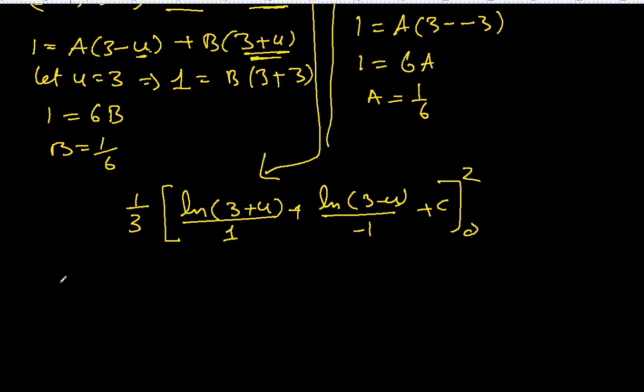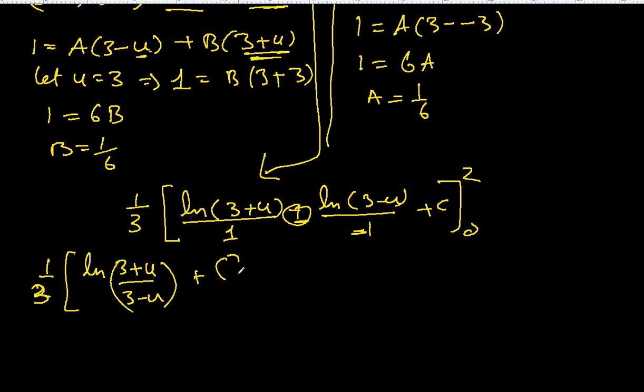All right, so let's substitute the values and hopefully we'll get our answer. So it will be 1 over 3 ln of (3 plus u) over (3 minus u), because of this minus, this will become negative, and two logs, if they are subtracting, we just divide their contents. Plus c.